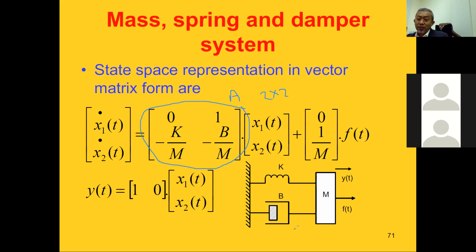Afzal, same question: what is the input matrix value? K equals M equals B equals 1. Just substitute the one. 0, 1. Okay, understand?